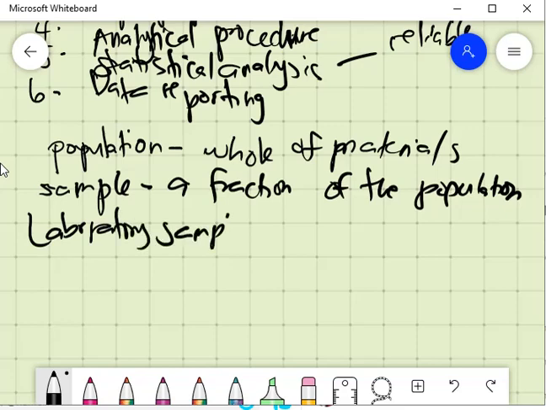A laboratory sample is the sample that should be used in the lab. Actually, it's just the sample, but the sample might be too large to be used for a specific procedure, because in some procedures they just say use 1 gram of so-and-so, right? So that 1 gram is what you call the laboratory sample. So there is excess of the sample. That 1 gram is what we call the laboratory sample.